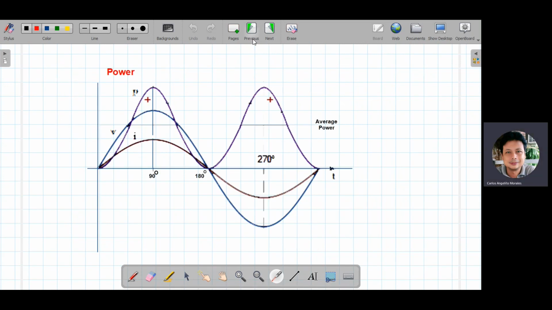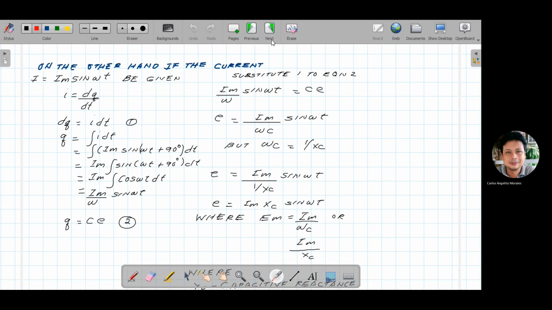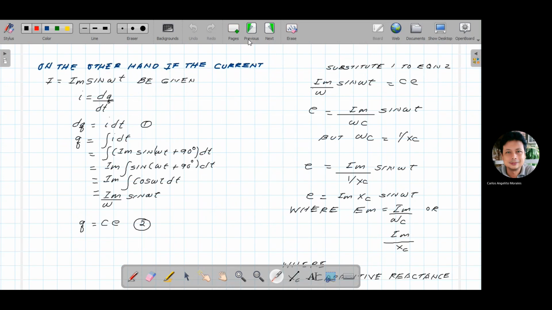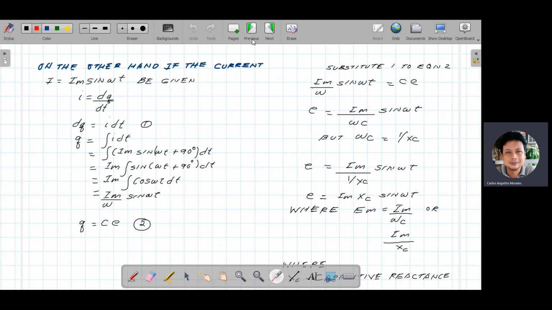Bakit na doble? Dali lang. Dito ang ginamit ay integration, doon ang ginamit ay pareho rin ang naging resulta.